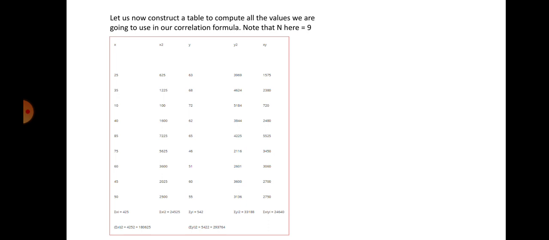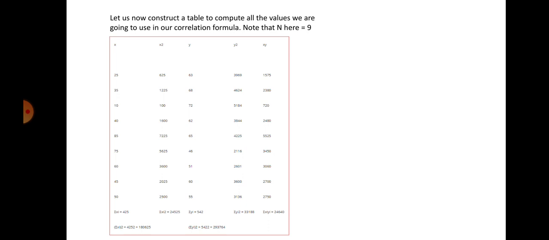Sigma x is 425, sigma x square is 24,525, sigma y is 542, and sigma y square is 33,188. And the last column is xy.